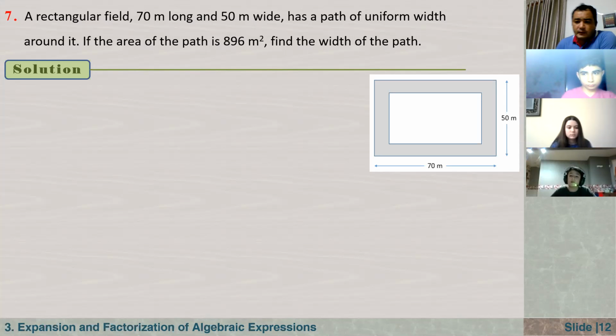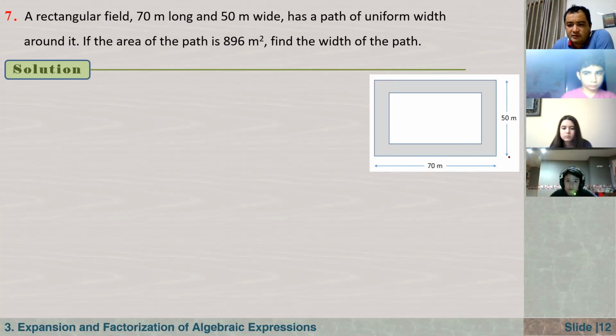So, okay, in this question: a rectangular field, 70 meters long and 50 meters wide, has a path of uniform width around it. Here we have a rectangular field, right?